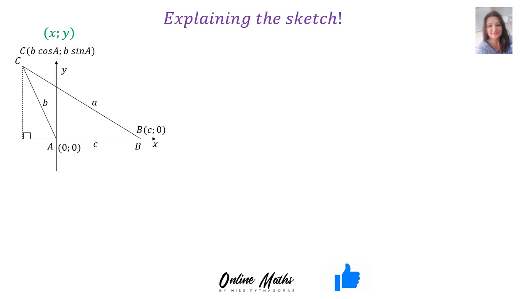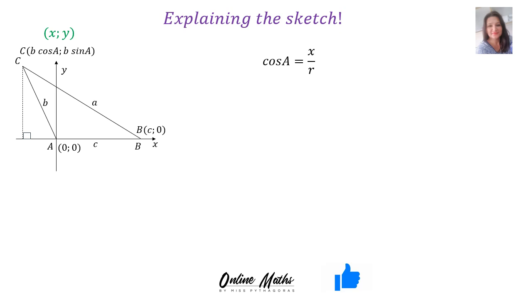Then, when you zoom in on angle A in the right angle triangle, cos A is equal to x over r.